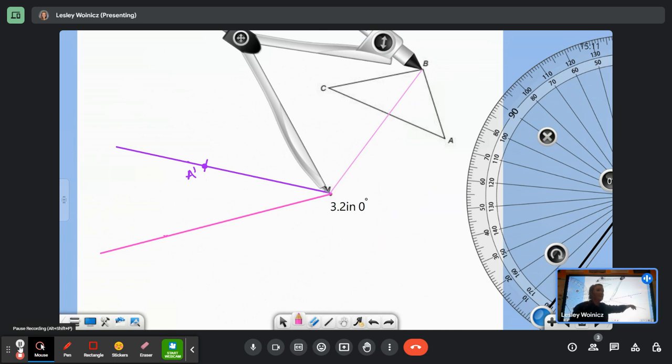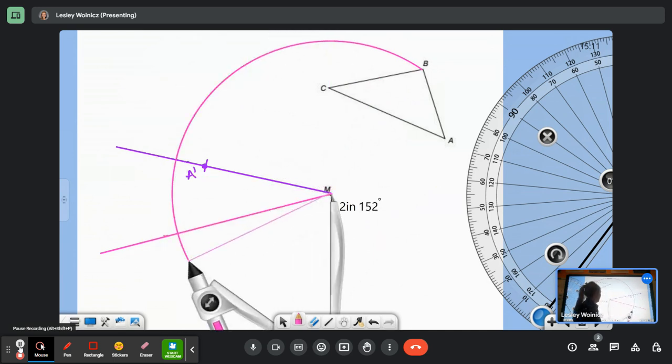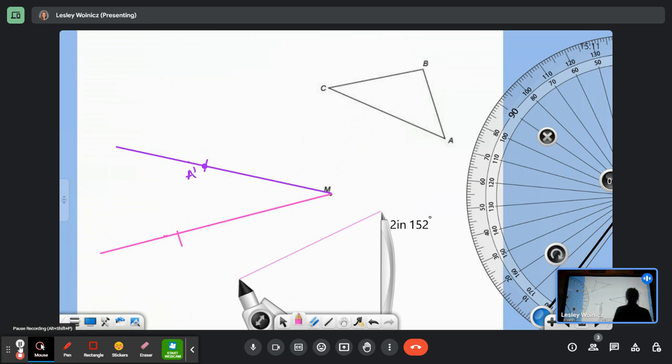Just cross down here somewhere. I have to make the whole arc. Then I'm going to erase the part that I don't need so it's going to look like yours. That's going to be my B prime.